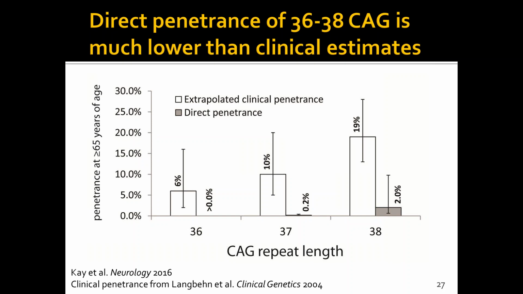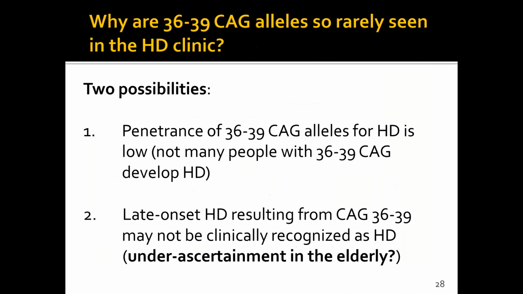Great, thank you. Another question about the point you raised towards the end of your presentation about the elderly. As we live longer, we may see more and more people with symptoms of HD. And this question is, should we start testing all elderly patients with dementia or abnormal movements for HD?